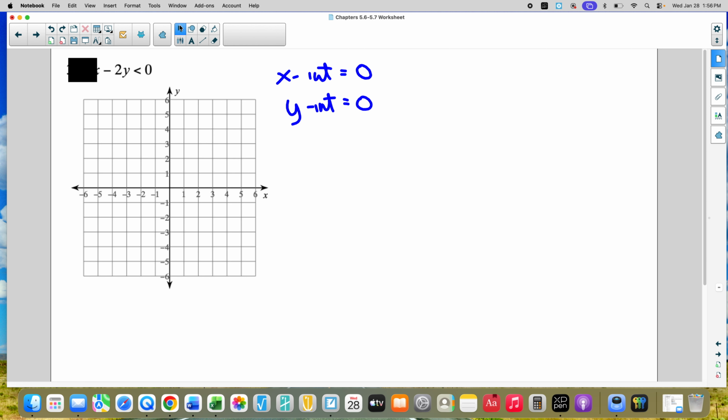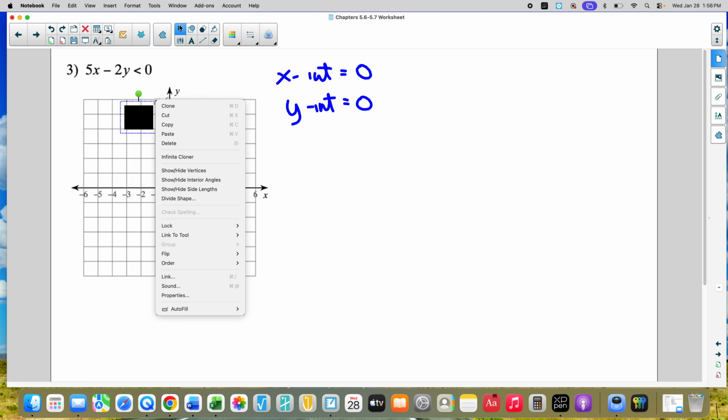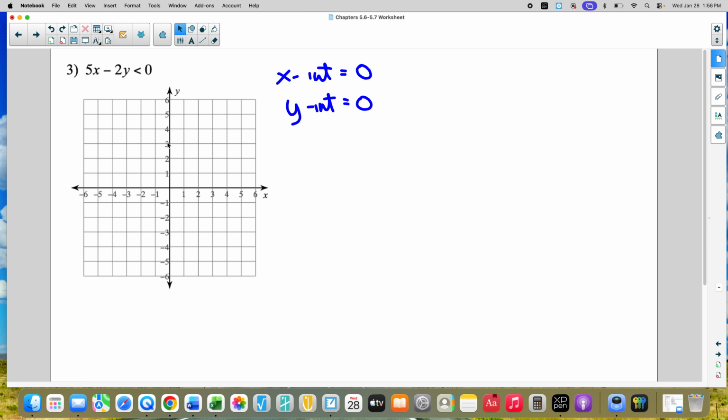Ha! Do you know why that's not a good thing? Because if we plot on the x-axis 0, there's no equal sign, so it's going to be an open circle on the x-axis, and then when we go to the y-intercept on the y-axis, it's the same point. I only have 1 point.